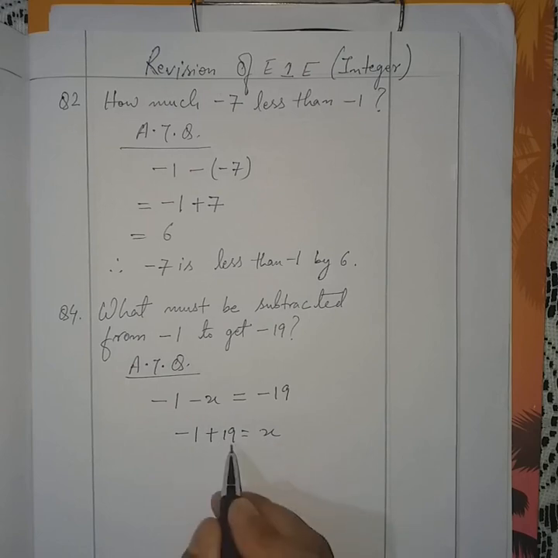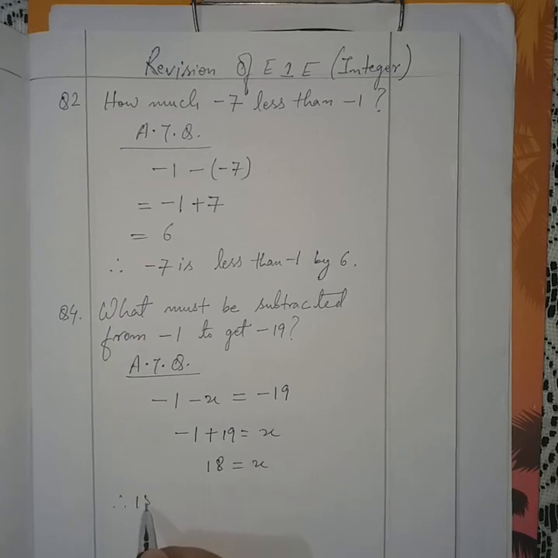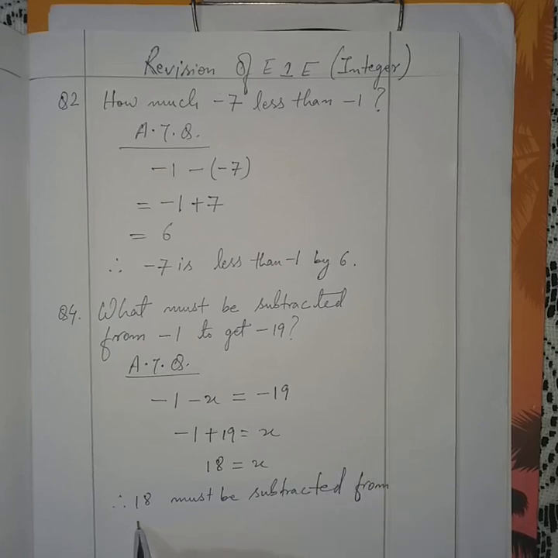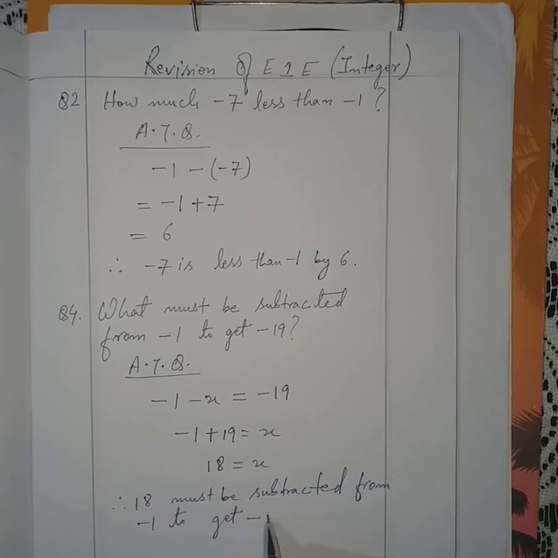Okay, so now this side, minus into plus is minus. 19 minus 1 is 18, bigger number is 19 and the sign is plus, so here is plus only, here x. Therefore 18 must be subtracted from minus 1 to get minus 19.